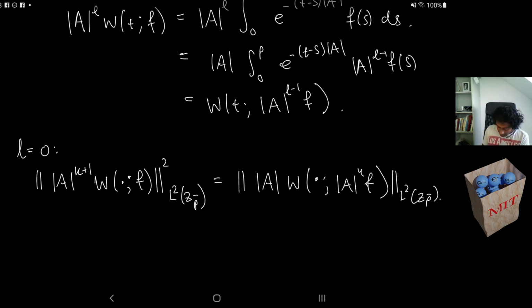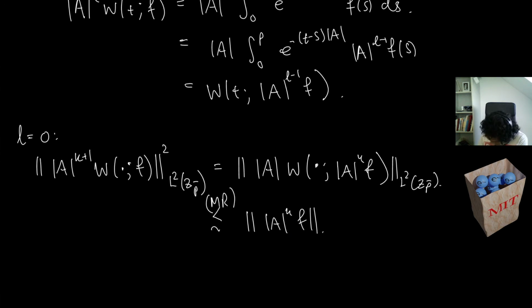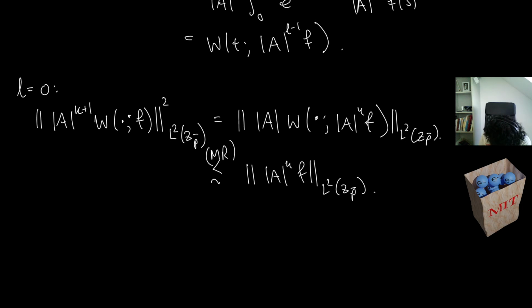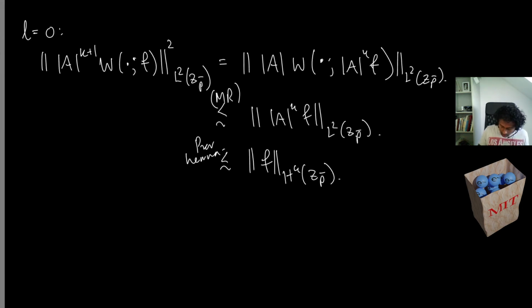And of course, we have maximal regularity again, so through the maximal regularity estimate, this is bounded by modulus a to the k of f in L2 of z rho bar. And now this is bounded above by the HK norm of f by the previous lemma. Okay, so that's the case for L equals 0.